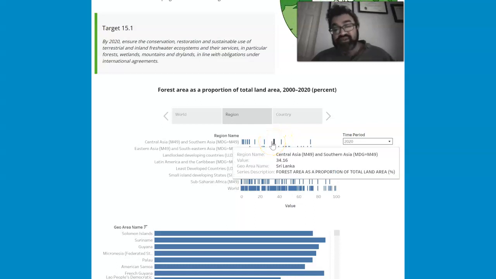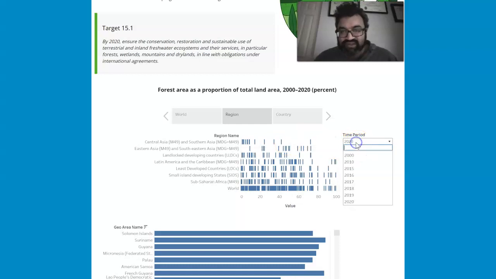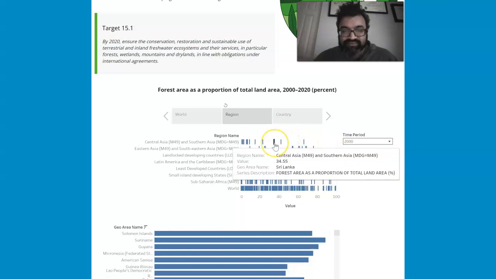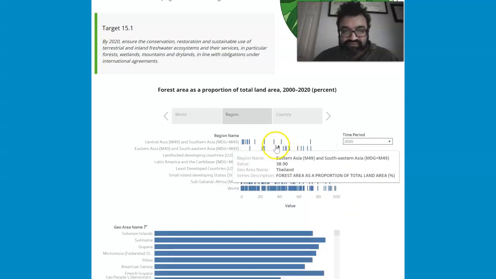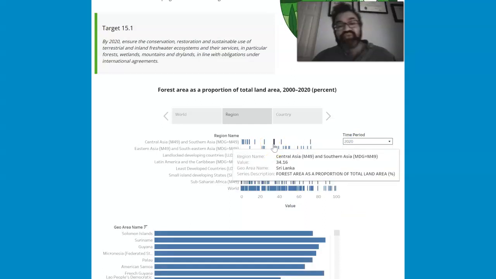Sri Lanka is 34%, so increased in value in forest area from 2000. So 34.55 to, well, it actually decreased very slightly.